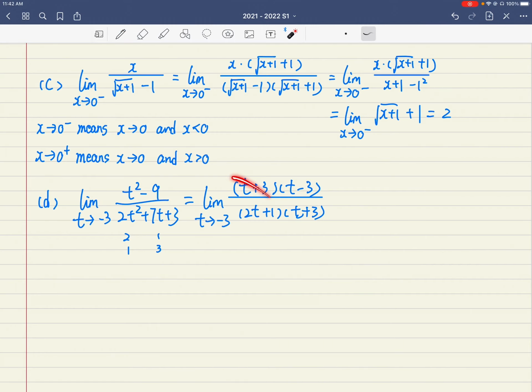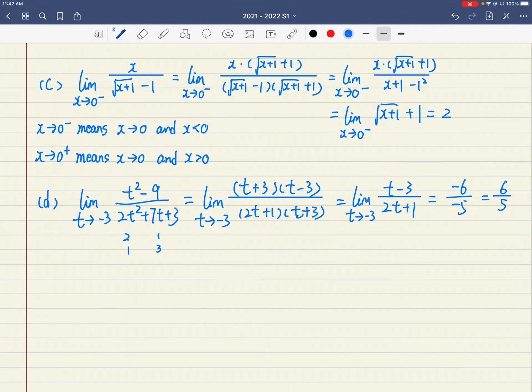Again, these two parts cancel out. So we have t minus 3 over 2t plus 1. Then you do the substitution. It's negative 6 over negative 5. So it's 6 over 5.